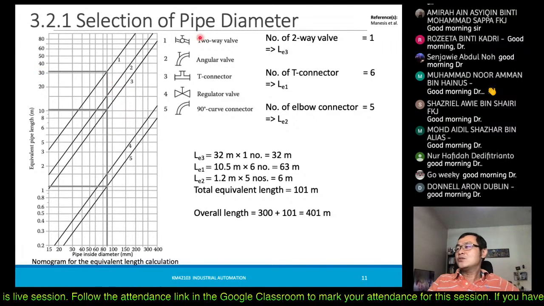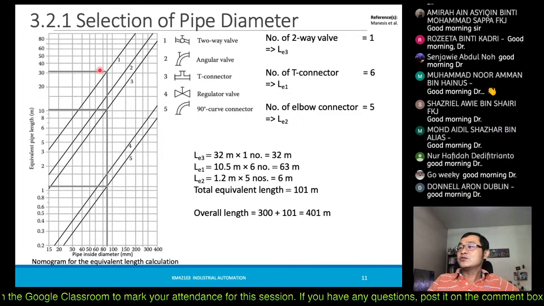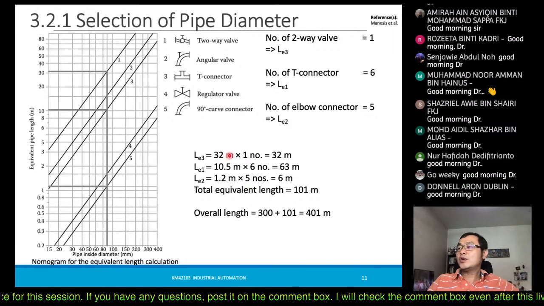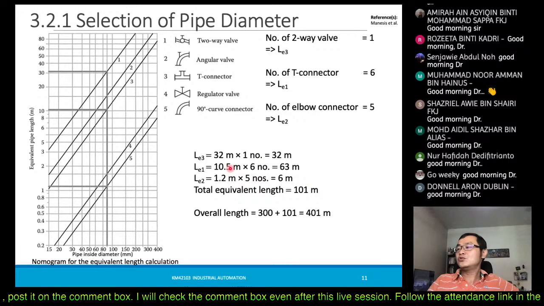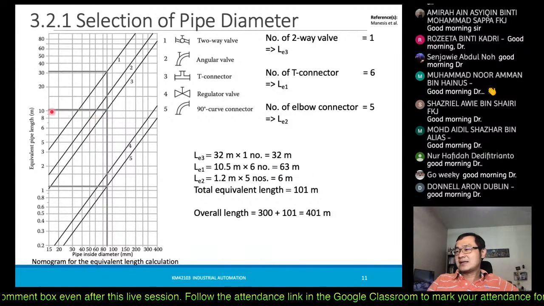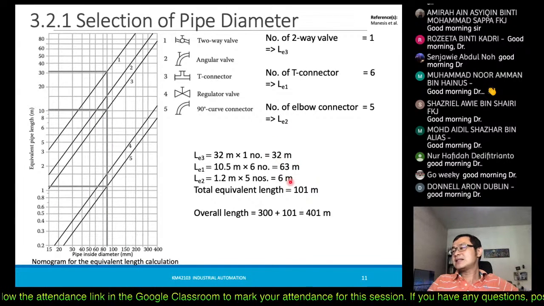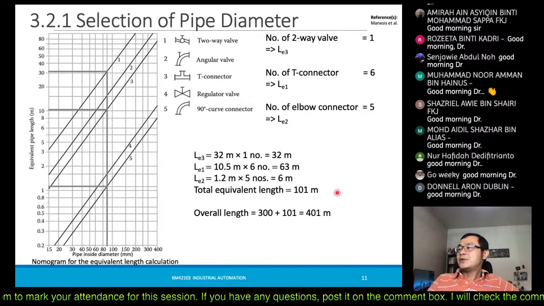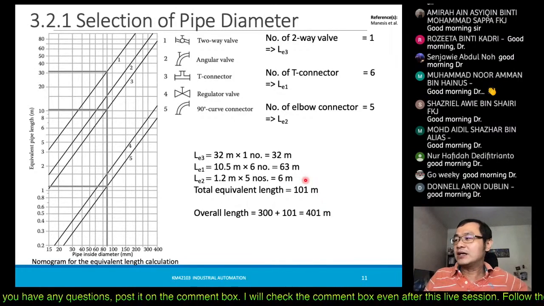From there we just check: the two-way valve would be estimated at around 32 meters of equivalent length, multiplied by 1 unit, so we have 32 and so on. You just extract all these estimated values of equivalent length, and you get this number. From these examples we would need to add an additional 101 meters of equivalent length.